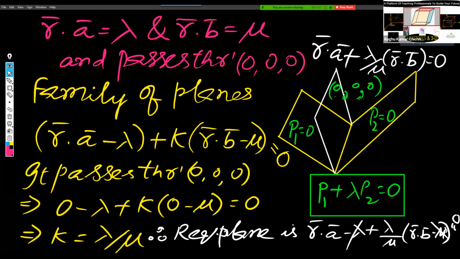And hence we have simply substituted 0, 0, 0 in place of R bar. And thereby we have simplified it as k is equal to lambda by mu, and that lambda by mu is substituted in place of k, and thereby we have got the required plane.